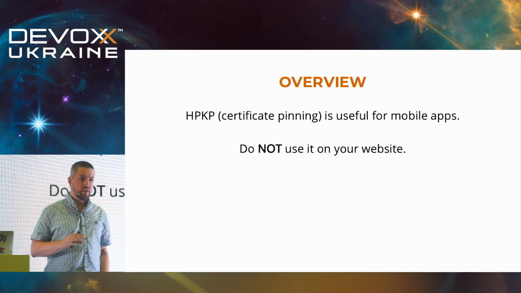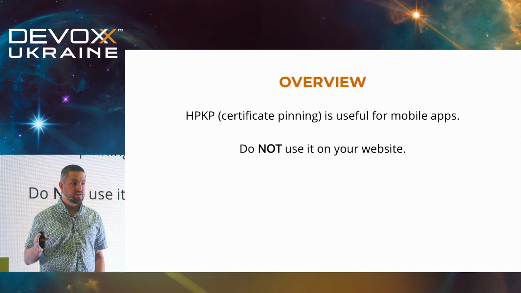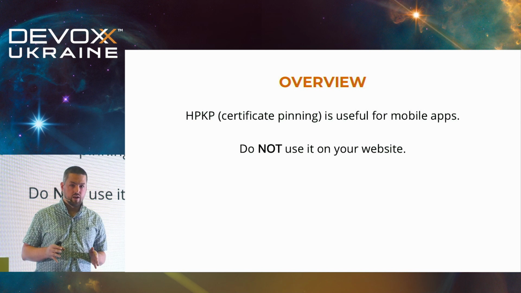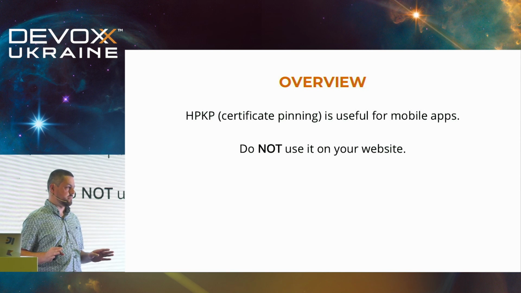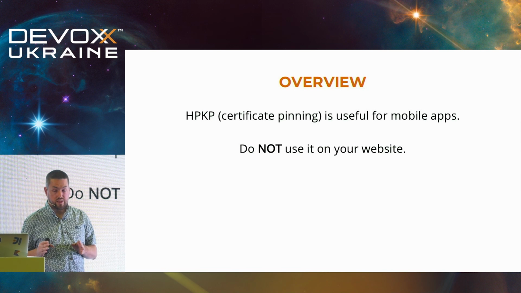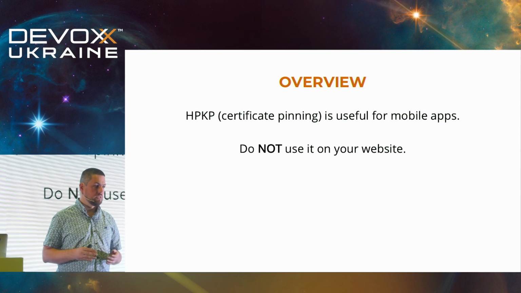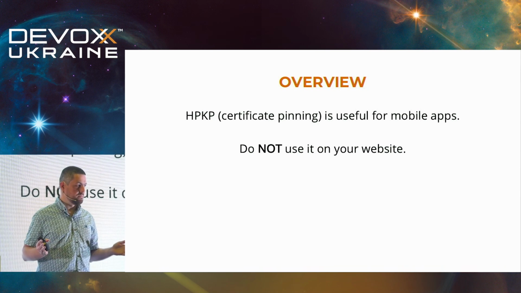Certificate pinning is very useful for mobile applications or other instances where you have a separate channel to deliver your pins. Don't use it for your website. If someone accidentally changes your certificate authority, or on purpose, and forgets to tell you, your site breaks.